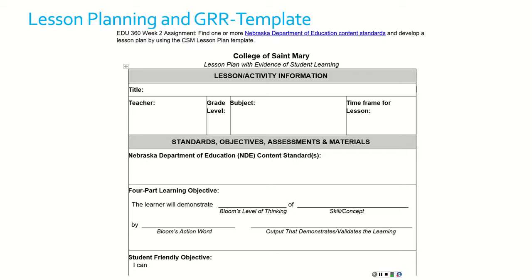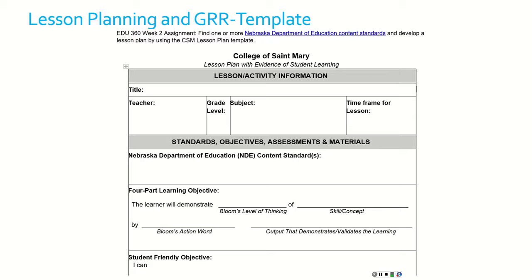We are going to take what we've learned about 4-part learning objectives and the gradual release of responsibility and the state content, the Nebraska Department of Education content standards, and we're going to start working with our College of St. Mary lesson plan template. We're going to be doing some practice with this, and then there will be a formative assessment where you will actually be submitting a College of St. Mary lesson plan of your own.